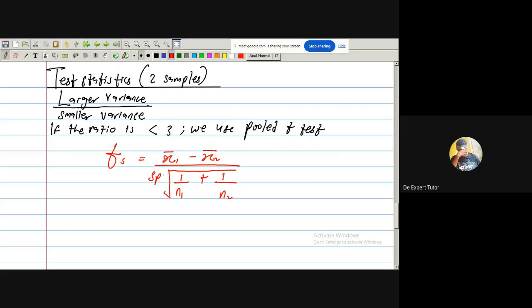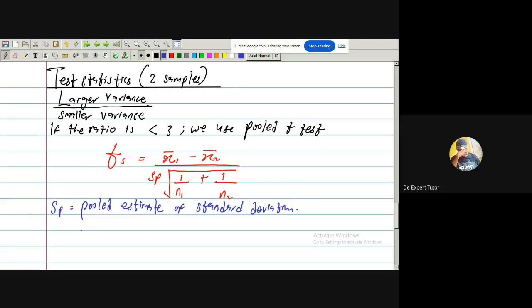And what is SP? This SP you see here is called the pooled estimate of standard deviation. And what's the formula to find SP?